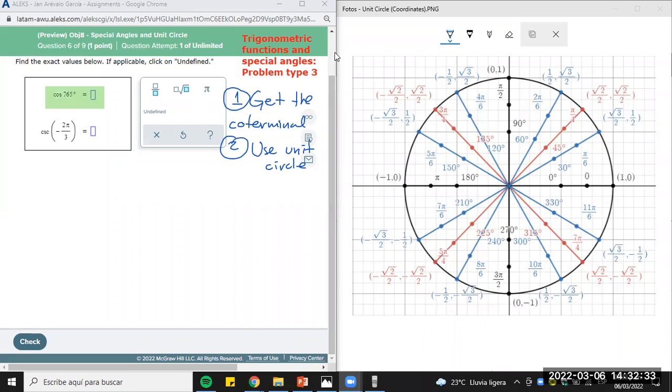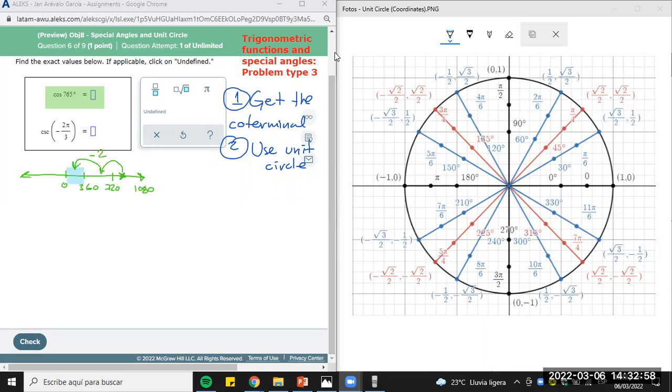In green, cosine of 765 degrees. First thing is getting the coterminal of that angle, so I'm going to use my number line and locate 765. I want to get back to the natural interval, so I'm going to jump back 2 times.